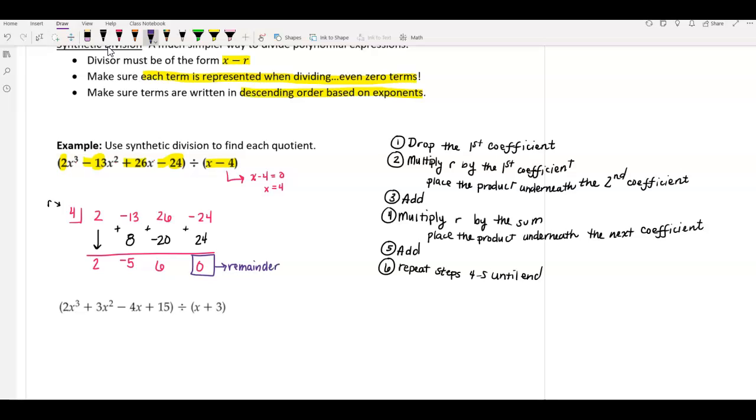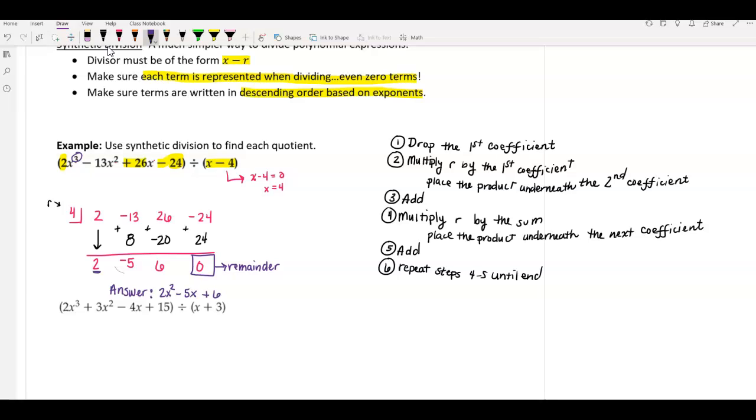Our answer is quite simple. If we started off with a cube, we subtract 1, and it becomes a square. So our new coefficients give us 2x squared minus 5x plus 6.